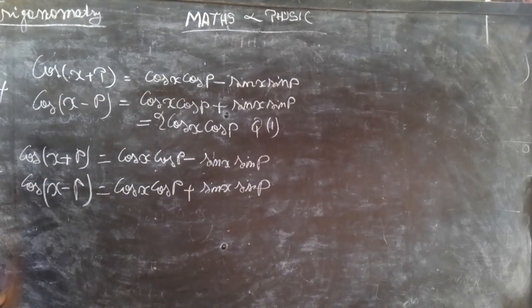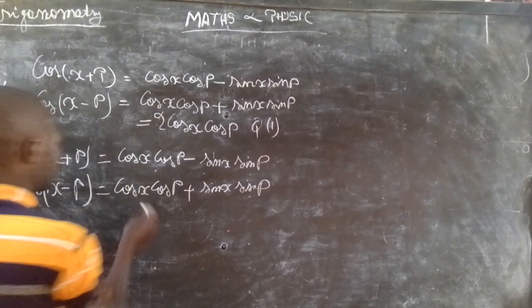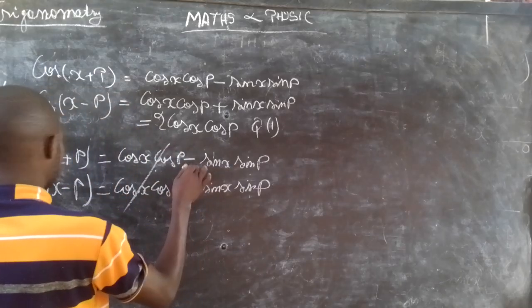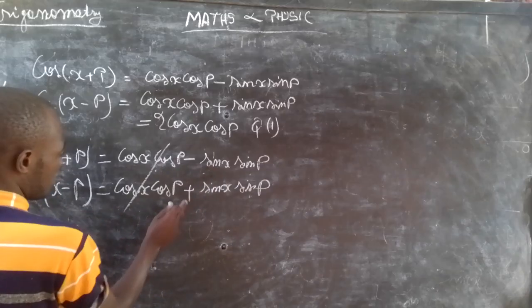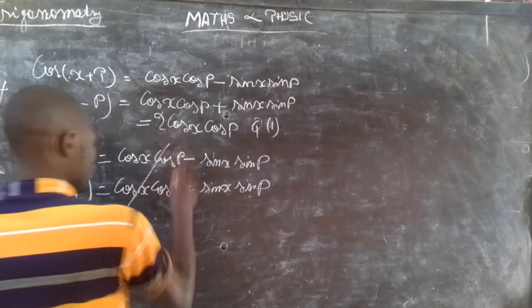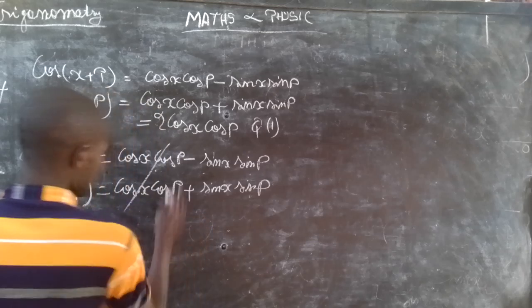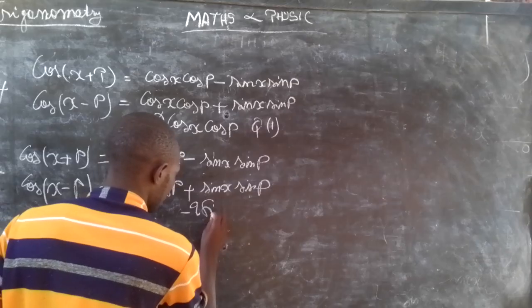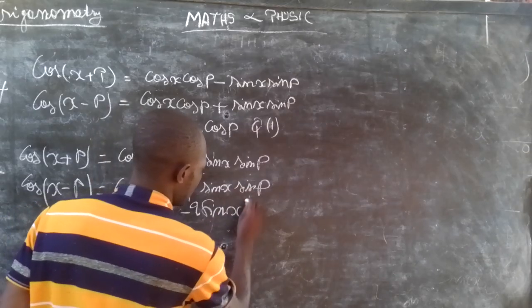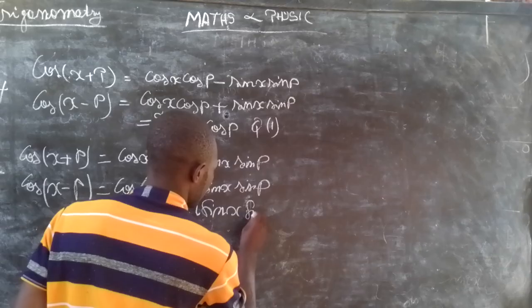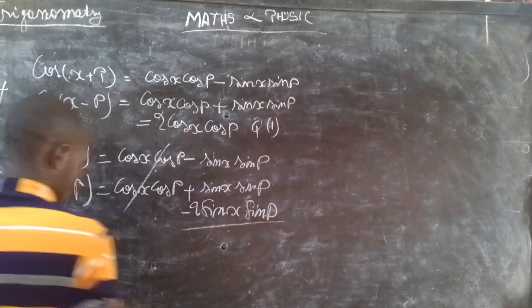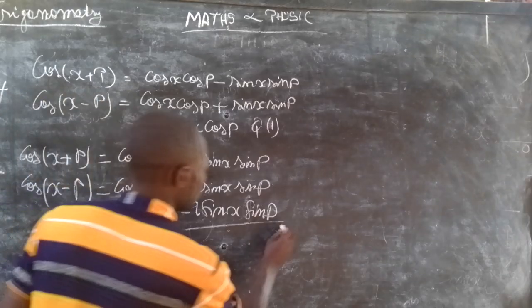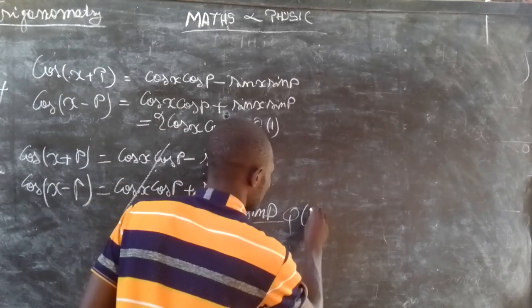Here let's subtract, so the cosine terms will be cancelled out. We will have negative 2 sine x sine p. This is equation 2.